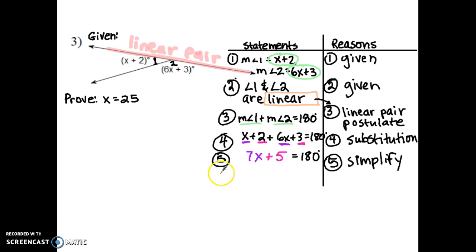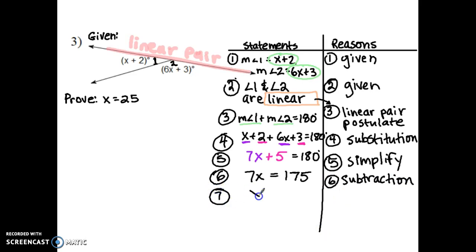My last couple steps here, I'm going to go ahead and subtract 5 from both sides. And then I'm going to divide by 7. I know I'm done with my proof if my last statement looks like what I'm trying to prove.